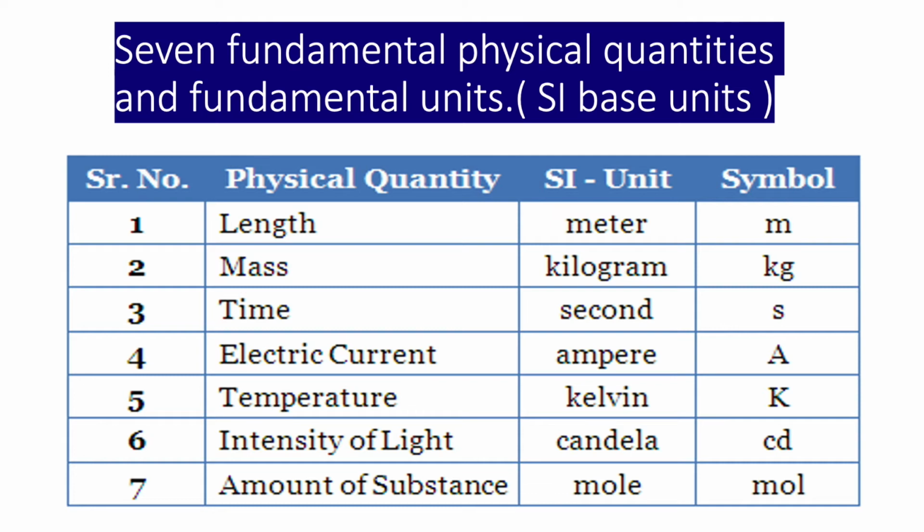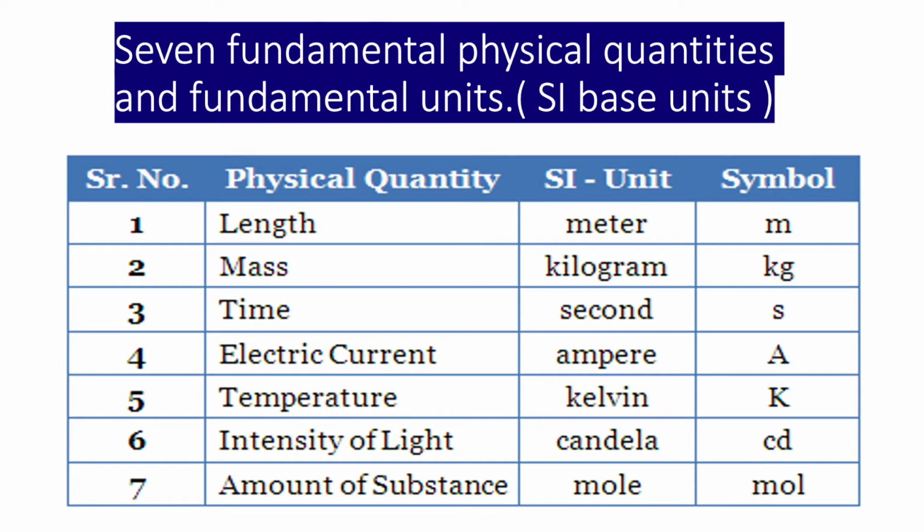For day-to-day life, we can use millimeter, centimeter, meter and kilometer. To measure the distance between planets, we can use astronomical unit. And to find out the distance between stars, we can use light year.